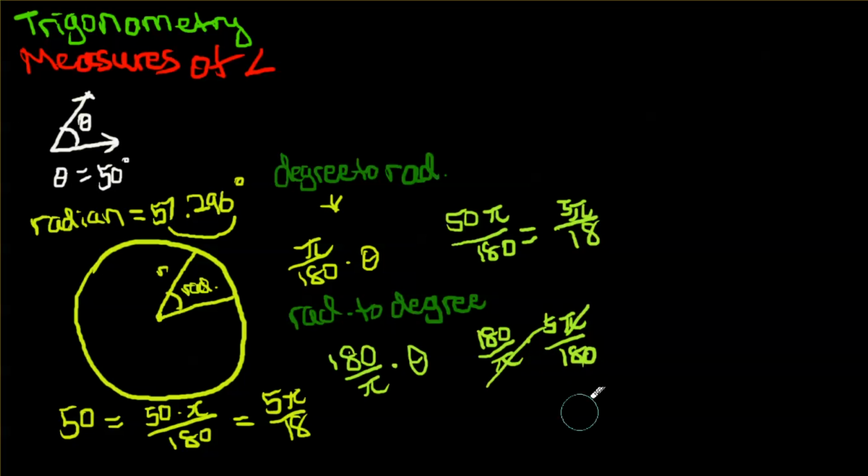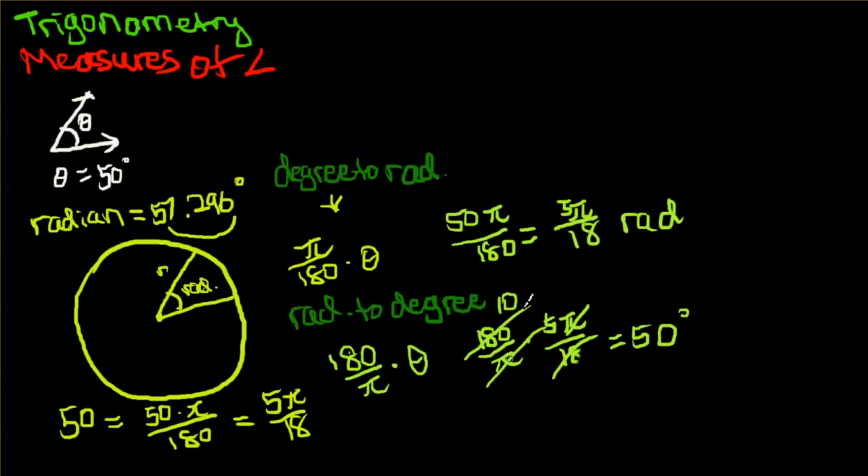Never mind, it's not 180, it's 18 down here. I'm sorry. So now we can go ahead and simplify that. We have 10, and 10 multiplied by 5 equals 50. There we go, we get our nice old 50 degrees back. So this is in radians and this is in degrees. Don't get them mixed up, and you'll be all good.